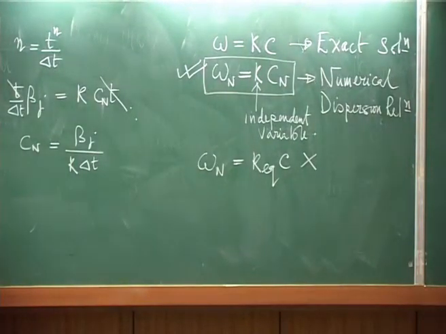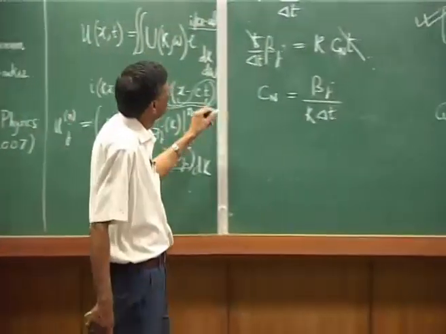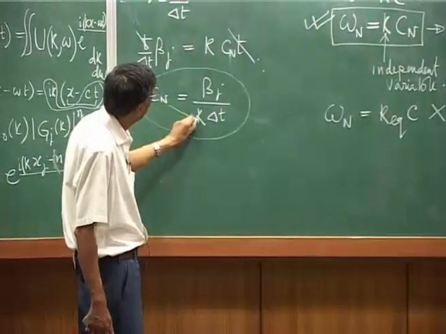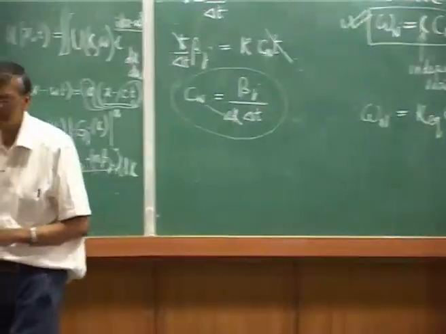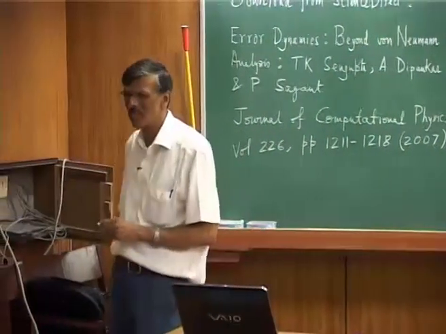What does it mean? I mean, are we just simply nitpicking? No, it is very profound, because what we are seeing here is that this C n is now a function of k, whereas in your exact solution C was a constant.